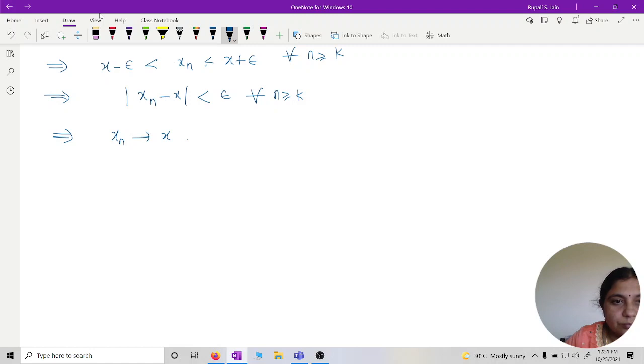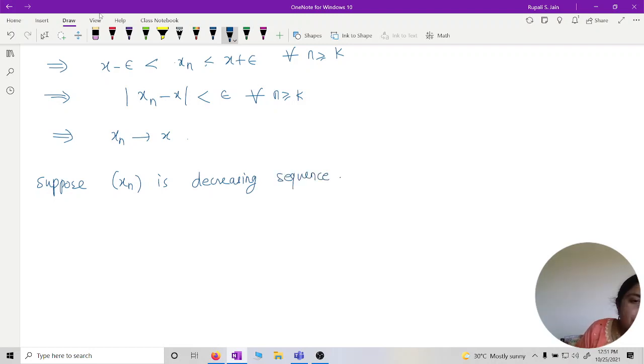Now we have proved it for an increasing sequence. Now I want to prove the same theorem for a decreasing sequence. So suppose xn is a decreasing sequence. If it is decreasing, then what can I say about minus xn? It will be an increasing sequence.